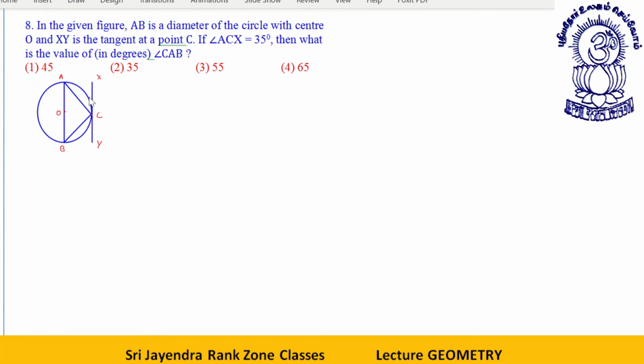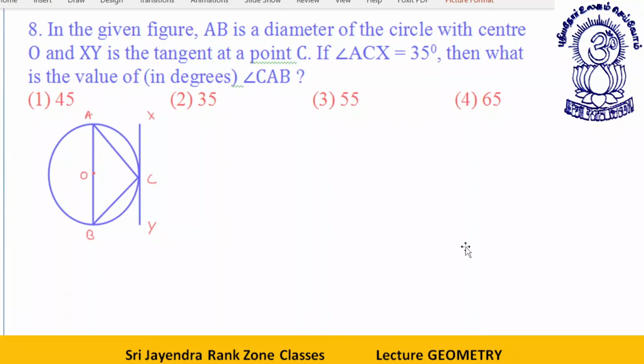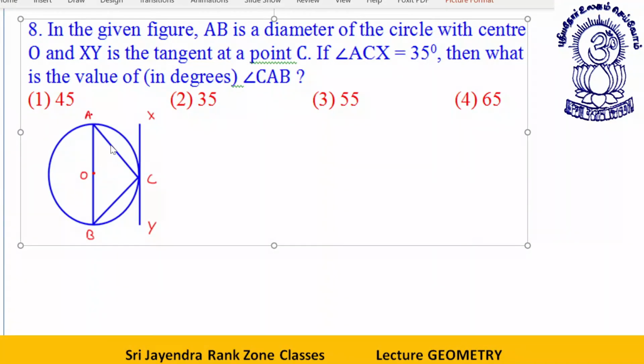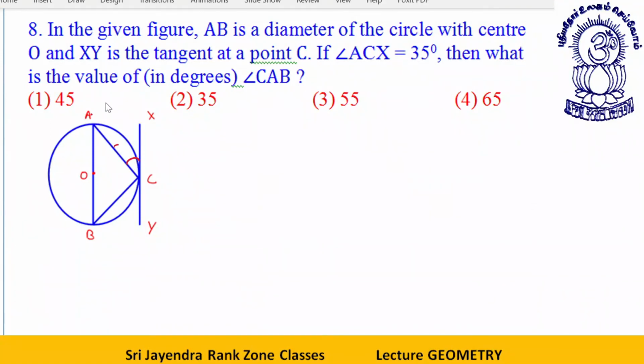Wait, let me increase the size of the figure. Angle ACX is equal to 35 degrees. And what is the value of angle CAB? You have to determine this angle.